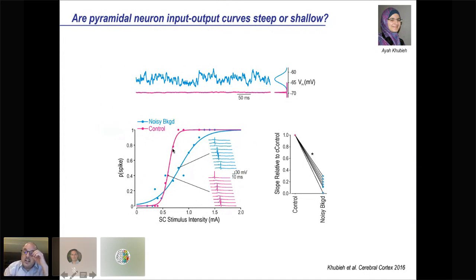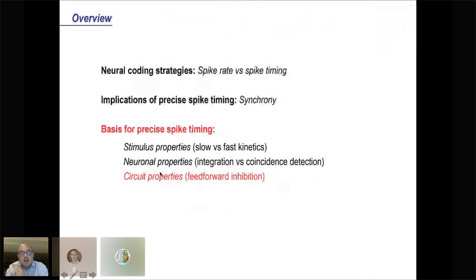There's no dynamic range, and therefore, for the network to have a reasonably broad dynamic range, if all of the neurons have steep input-output curves, then all of these input-output curves had to be staggered. Different neurons had to sit at different positions along this curve here.